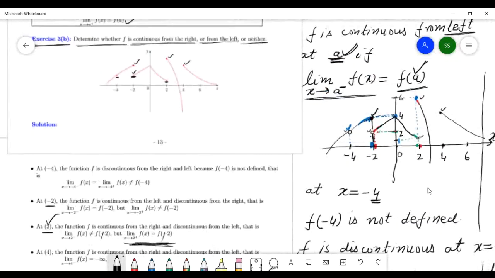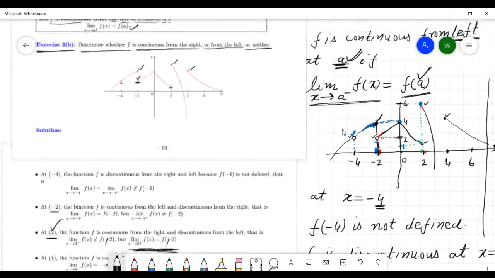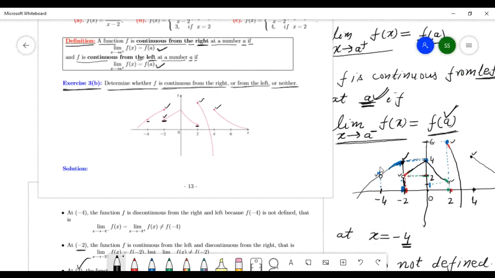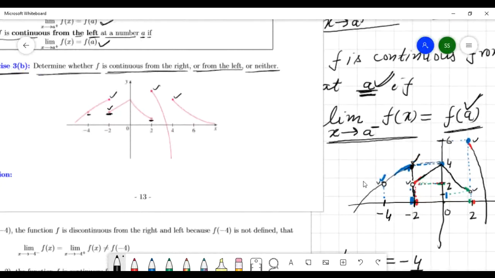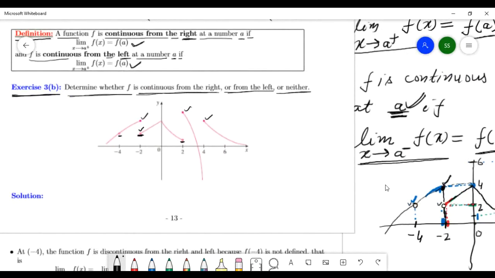See here at number 4. Look here at number 4. At this point 4, f of 4 equals, at this point 4.